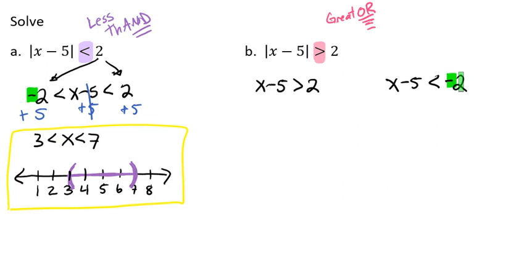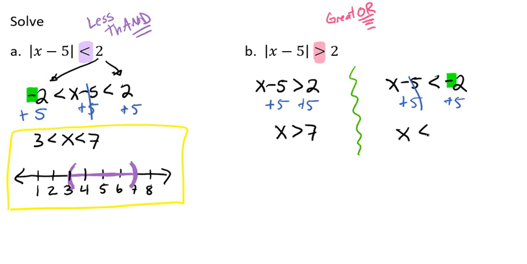But when we do it with an "or," we have to change our symbol around. And so for right now, we're going to work out two problems. Over here on our left side, we'll add 5 to both sides, and that will give us that x is greater than 7. Then over here on our right-hand side, we'll add 5 to both sides, and that will give us that x is less than 3.